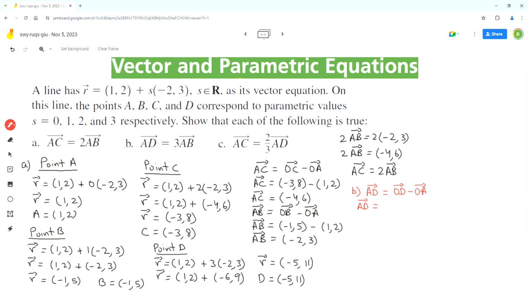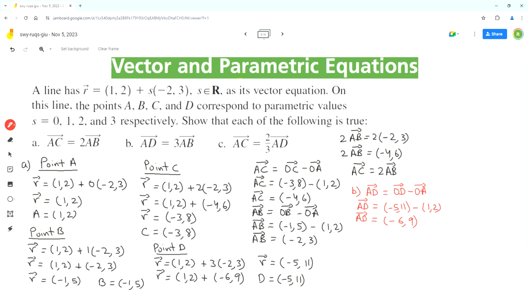We can use point D for position vector OD, and point A for position vector OA. Now we can subtract the vectors.